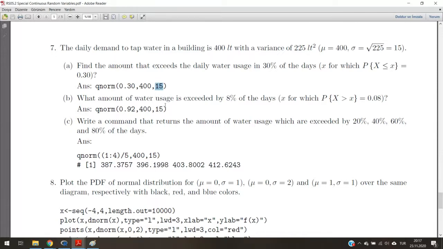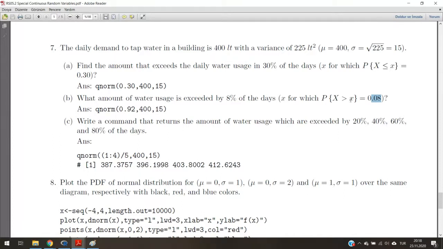Again, what amount of water usage is exceeded by 8% of the days? It means in only 8% of the days, the people are using more water than this X amount. In the remaining 92%, they are going to use a lesser amount. So accordingly, we are stating that the water usage on any day will exceed that certain usage amount with only 0.08 probability, which means 8% of the days.